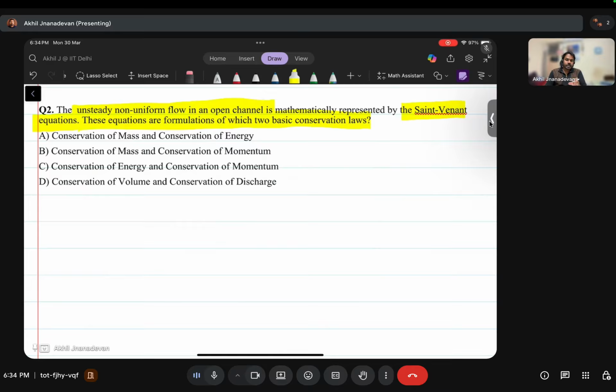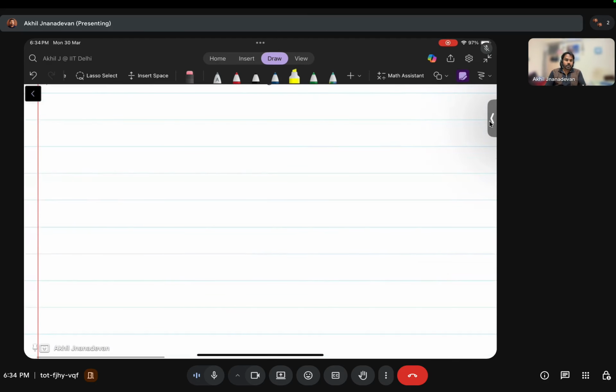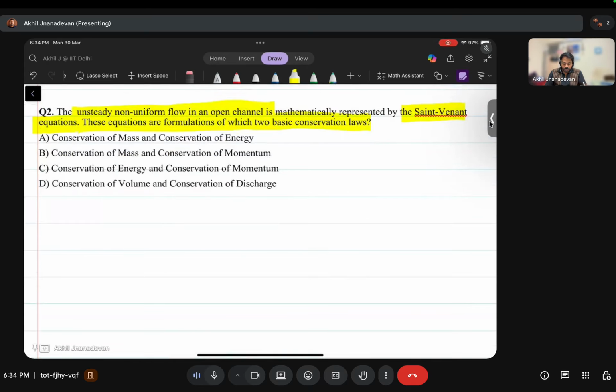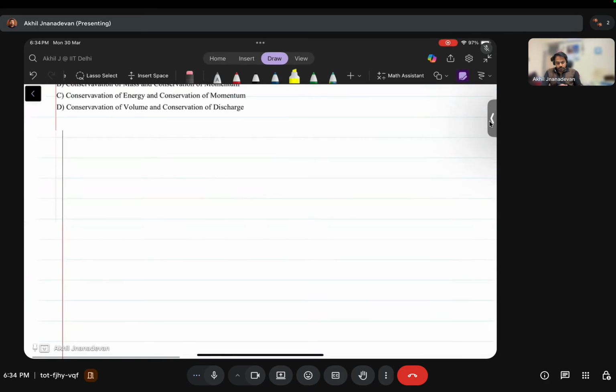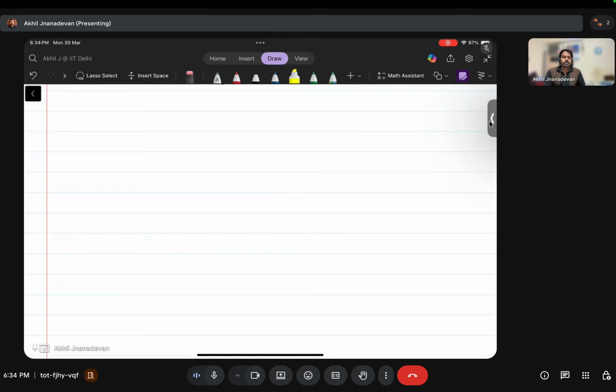Then the basic conservation laws will be nothing but the conservation of mass and conservation of momentum, right? I'll give a brief explanation of how we can make use of these conservation laws and come up with the equation for hydraulic routing. Basically, this follows the same procedure that we followed for other hydrological processes like evaporation and infiltration. What we did there was use RTT, right?